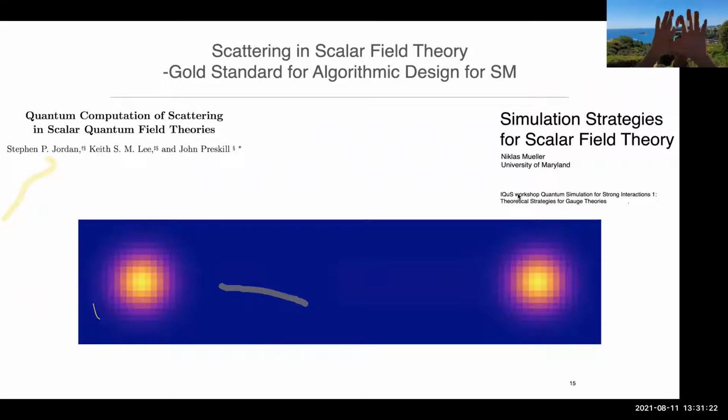They encounter each other, they scatter, they produce a final state, and then that final state is measured through having either detectors in your system or however else you're going to measure them. But from that, you can extract the S-matrix elements in lattice scalar field theory with a controllable error. So the analysis that this group did was such that you had full control of the error at each step of the calculation.